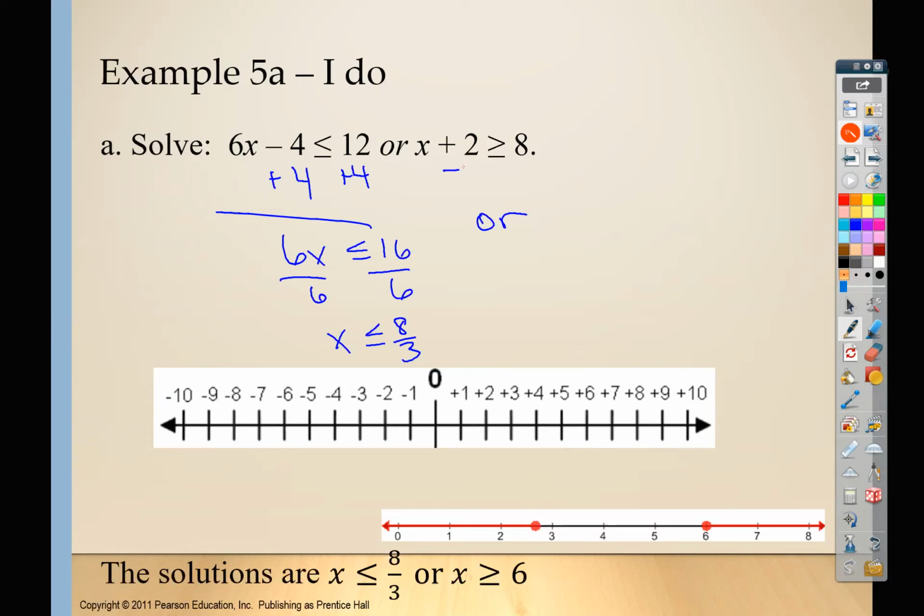Or I'm going to subtract 2. I'll get x is greater than or equal to 6. Okay, so I'm not just putting what they have in common, I'm listing everything. So 8/3 is 2 2/3, so that's why the red dot is here, 2 2/3, and then I'm doing everything less than that, and then 6 and everything greater than that.